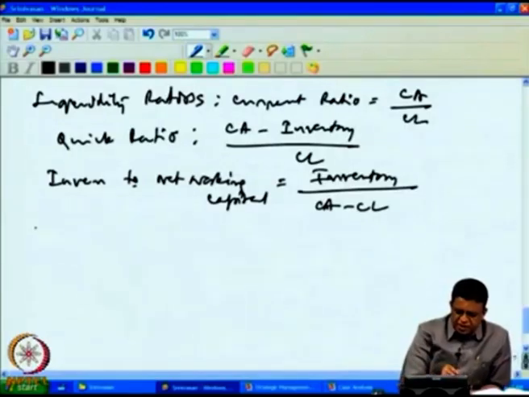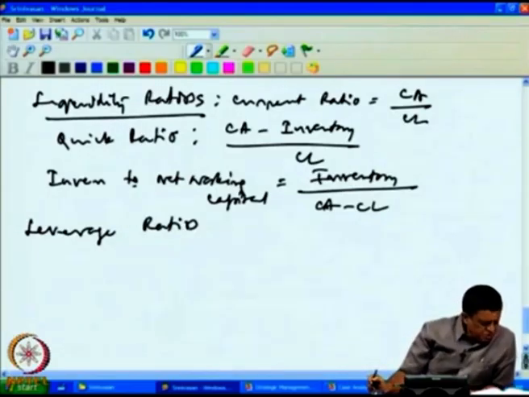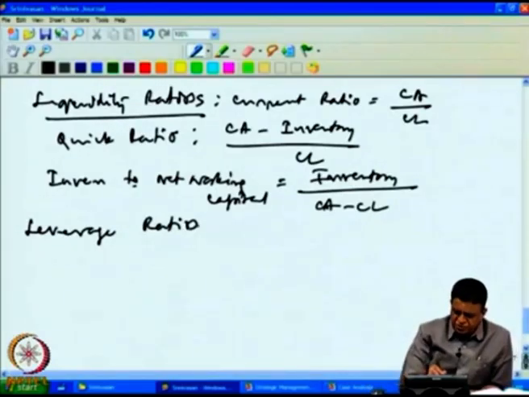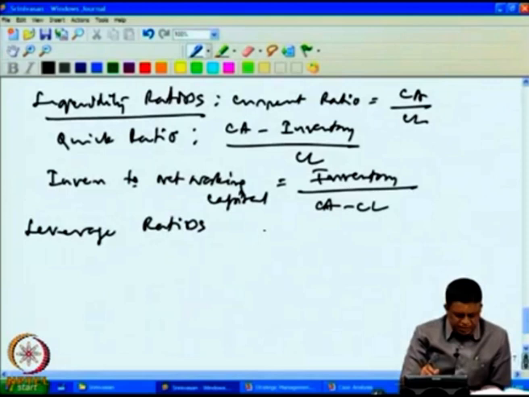Then the next type of ratios we are interested in is what is called the leverage ratios. What are these leverage ratios? Some of the ratios I will list out for you. One is debt to assets.